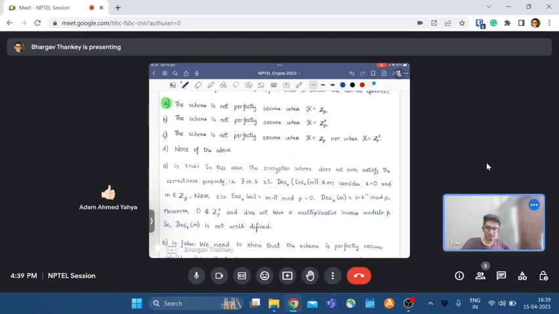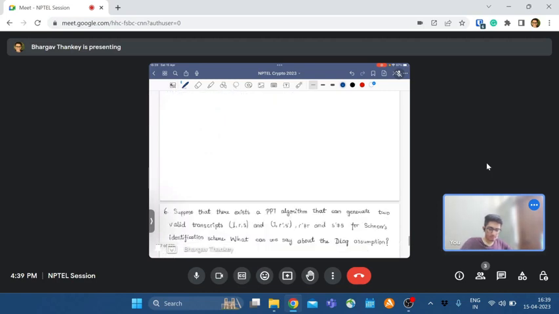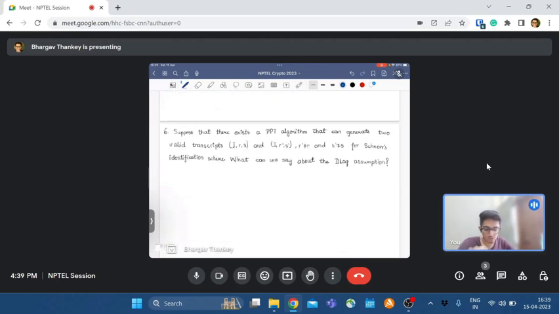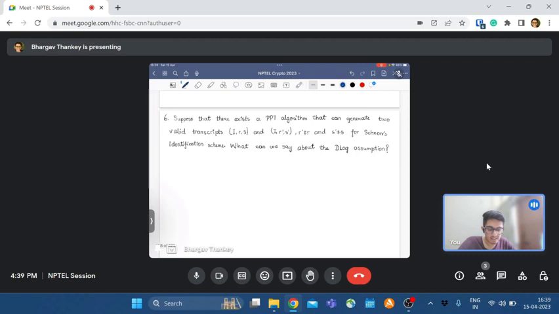Okay, so let's look at the next problem. The next problem is about the Schnorr identification scheme. The problem is as follows. Suppose that there exists a PPT algorithm that can generate two valid transcripts I, R, S and I, R prime, S prime.